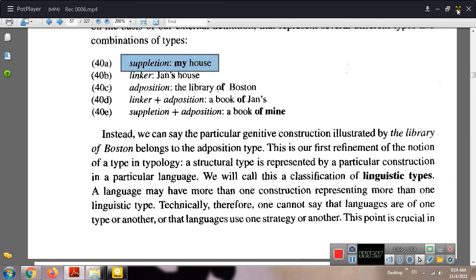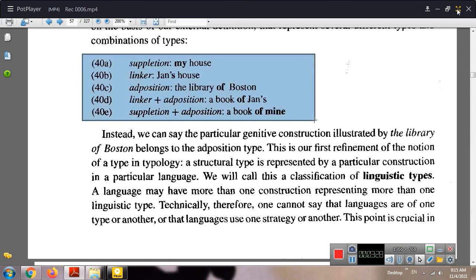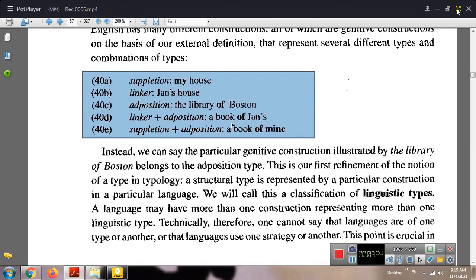Through the adposition, the Library of Boston, of. Through the linker plus adposition, a book of Jan's, both of them. Through the suppletion and adposition, a book of mine. The mine is suppletion and of is adposition. Here in this example we can see we have 5 types of expressing the genitive in English.